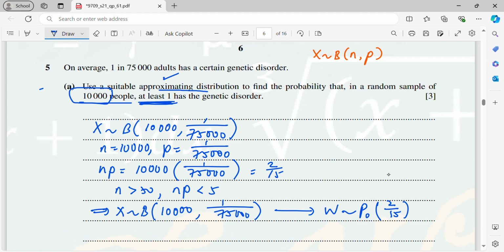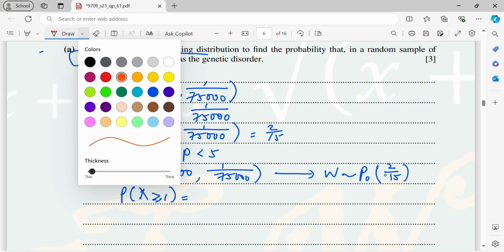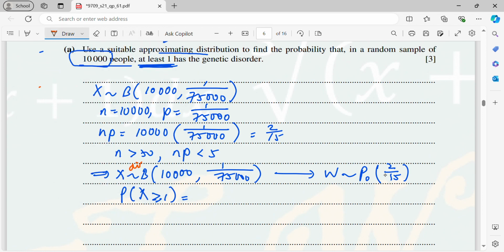Now given at least 1, initially you are counting X at least 1. The binomial is discrete and the Poisson is also discrete, so they are the same category of variable. We do not need to use the continuity correction factor. So you just directly change to W greater than or equal to 1.